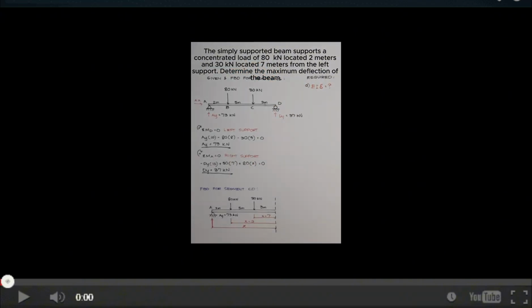So after getting the reactions, let's now get the section from the left support going to the right just before D, dito tayo magko-cross. So after natin mag-cross, this is now our section from this to this. Then we will solve for the FBD of segment CD.